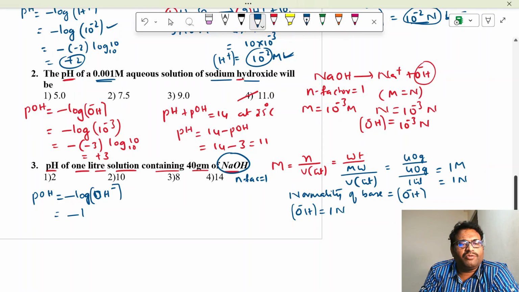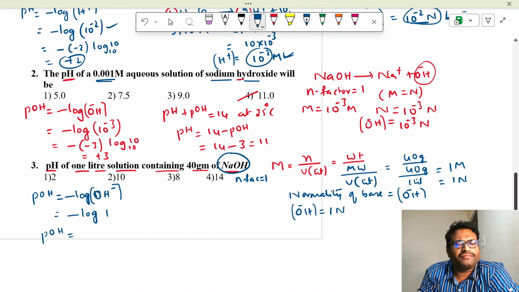That is equal to minus log 1. So log 1 is equal to 0. So pOH is equal to 0. Okay. Log 1 base 10 is equal to how much? Log 1 base 10 is equal to 0.